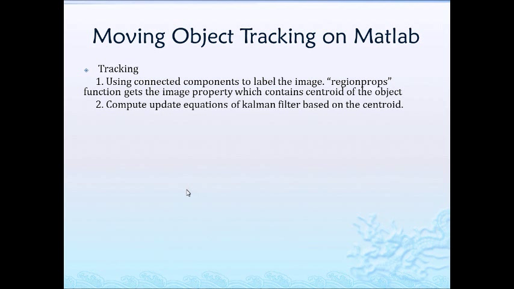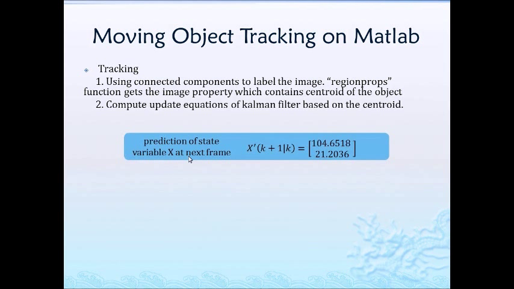The last step is the checking. We can get the image properties, which contain the centroid of the object, and then we compute the update equations of the Kalman filter based on the centroid we just got.